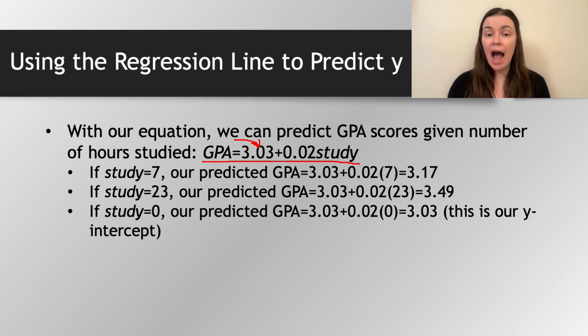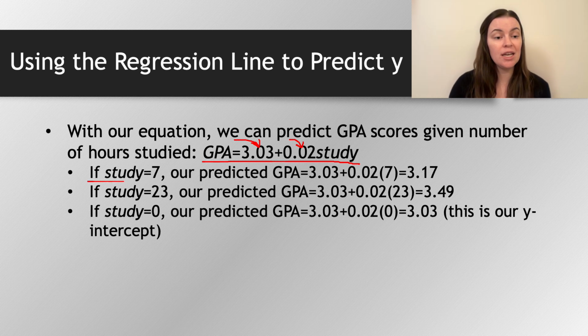But for every hour you study, you are predicted to have a 0.02 increase in your GPA. So now knowing that, with this regression equation, we can now calculate the predicted GPA value for individuals who study a certain amount of hours per week.